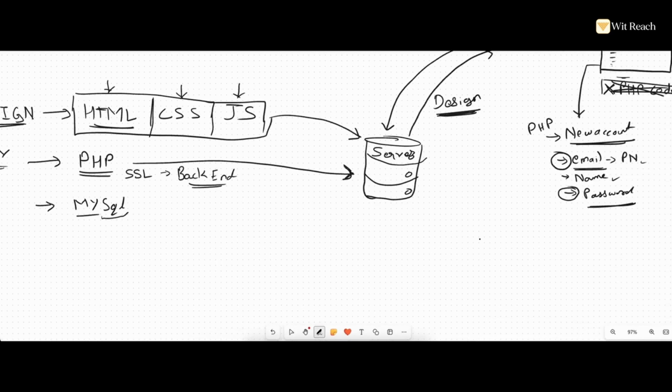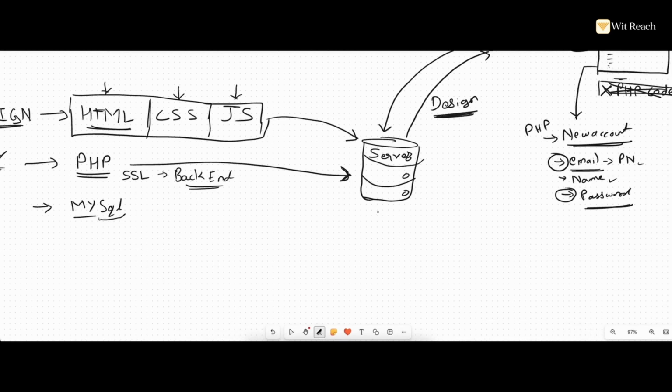So now what happens in the server where all the files are kept. If you see here, all the files are kept. Which files? HTML, CSS, JavaScript, the designing files, the server side backend language. And then there will be a database.